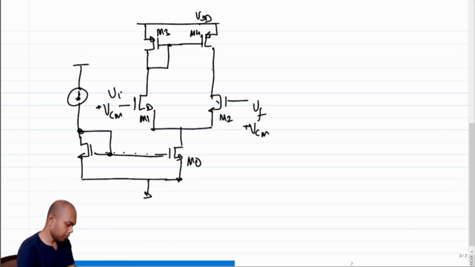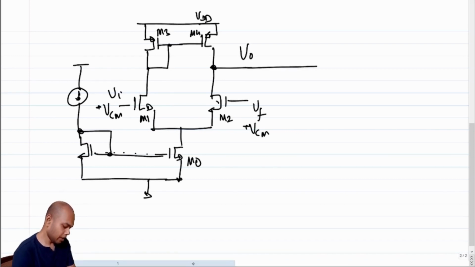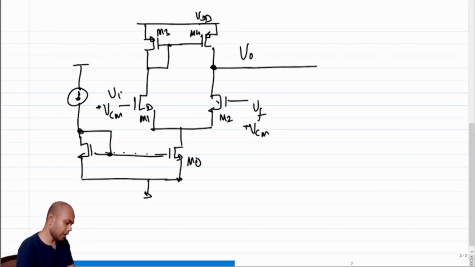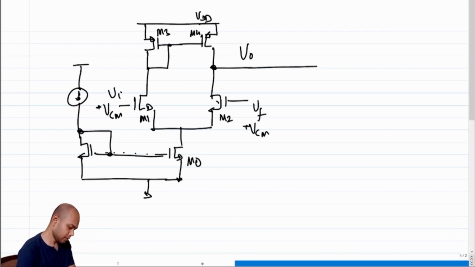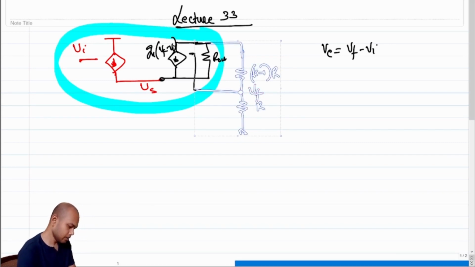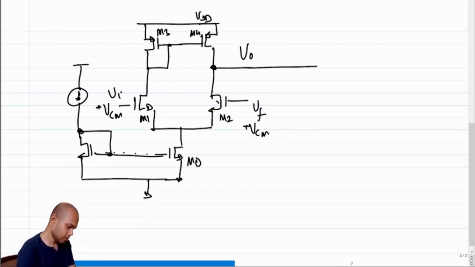And so what will be the output voltage? This will be the output. And if I have to equate this picture with our total picture, what will I end up with? We'll end up with this structure where, so let me use some different color code. So this guy is this.